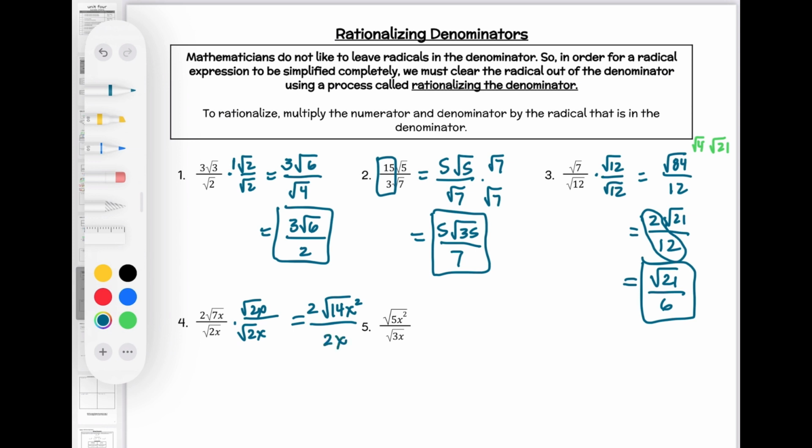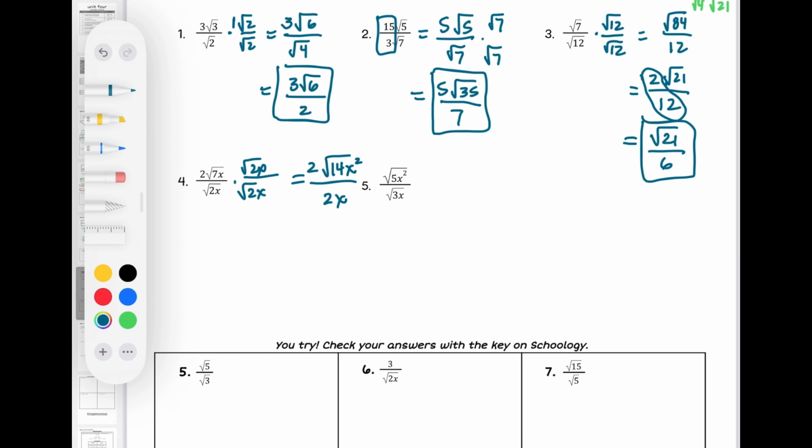So whenever we rationalize, your denominator should be whatever was inside of your radical the first time. So 2x on this problem. So now we can simplify. We can simplify the radical up top. We have 2 x's on the inside, so we can go ahead and pull one out. 14 isn't divisible by any perfect square, so we can just leave it like that. And then we have 2x on the bottom. So now that we've simplified, we have 2x on the top and the bottom. So those are both going to cancel out, and we're just left with the square root of 14.